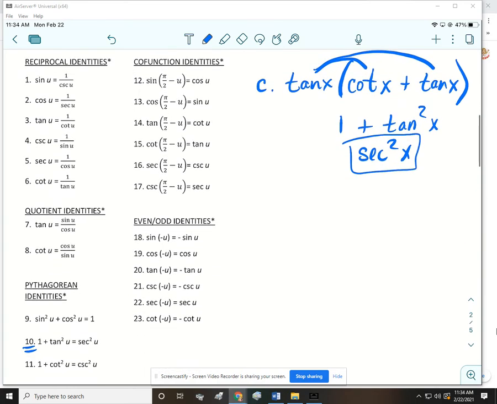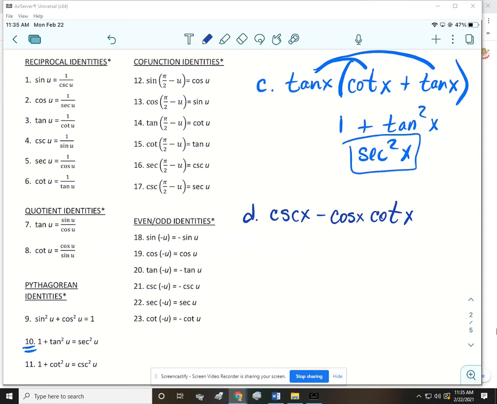Okay, now this last one is kind of a doozy. If you're at the bottom of your page, you're probably going to want to flip over and start this on the back. What we have is cosecant of x minus cosine of x cotangent of x. I'm just going to start off changing one thing out of those.